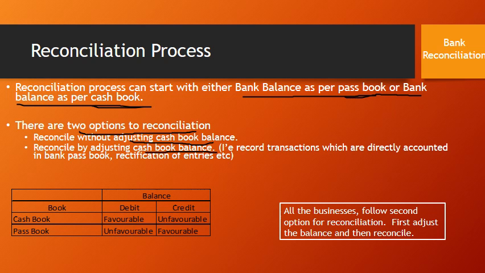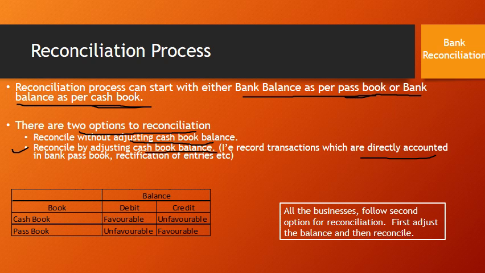What is the difference in these two cases? In the second case, we record all the direct debits or direct credits in the bank account. Whatever direct debits and credits are there which are not recorded in our books of account, we will record first and then do a reconciliation. That is the second option.